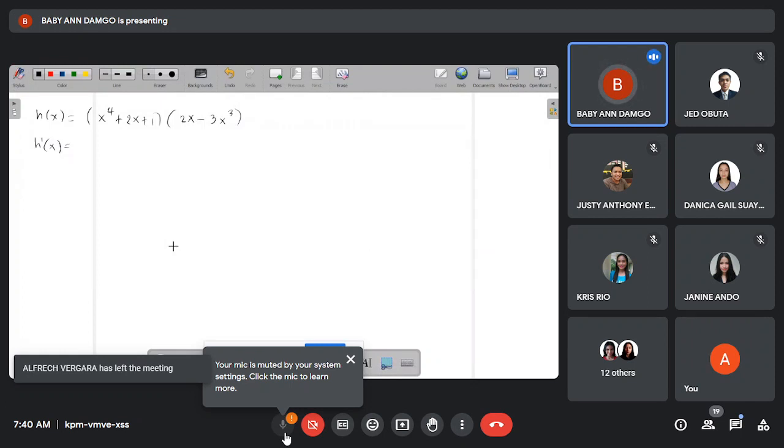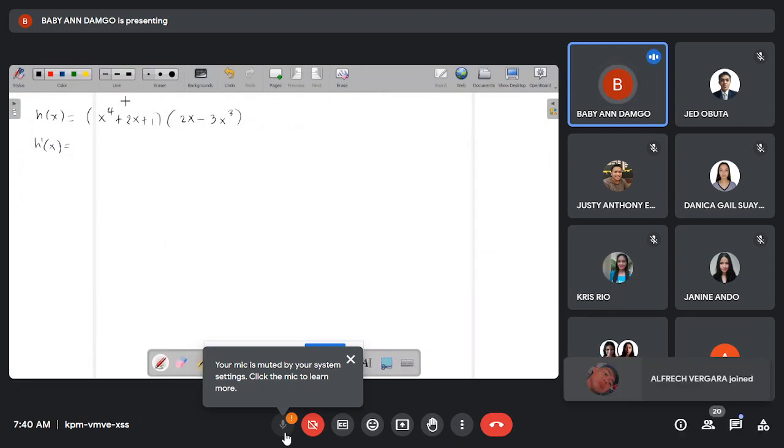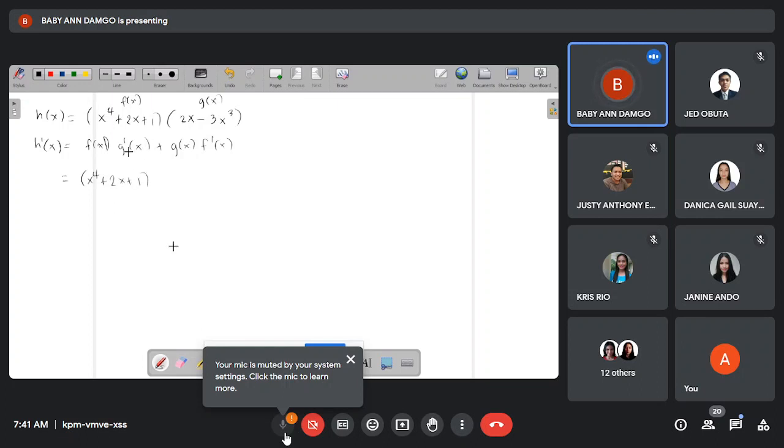Okay, so let's let this be our f of x and this is our g of x. So this is f of x times g prime of x plus g of x times the derivative of your f of x. Okay, so copy the f of x, which is x to the fourth plus 2x plus 1, and then the derivative of g of x.